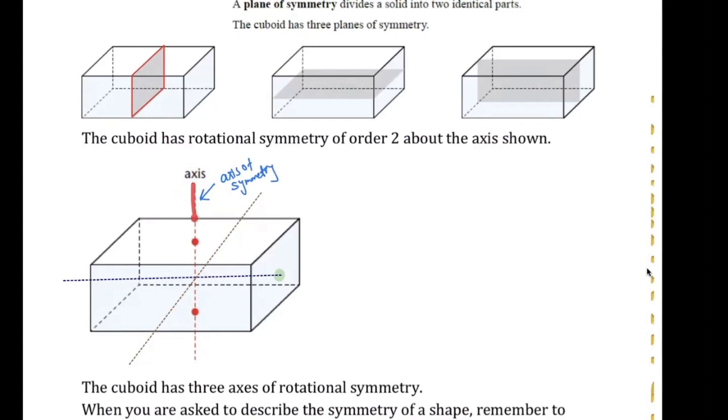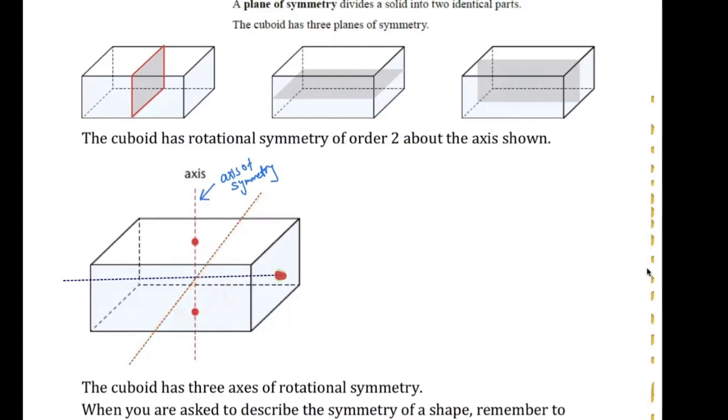If I'm considering this as my axis of symmetry, then the entire cuboid can rotate around like this. If I pass a rod from this face, I can rotate the cuboid in this direction.